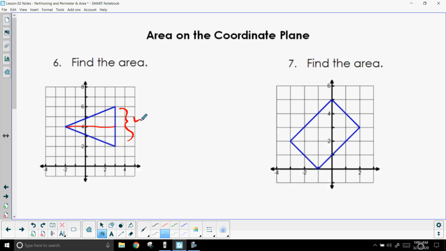And see, they intersect at that right angle. So, area for a triangle is 1/2 base times height. So 1/2 times 4 times height of 5. I can do this in my head. 5 times 4 is 20. Half of 20 is 10. And we would say square units.